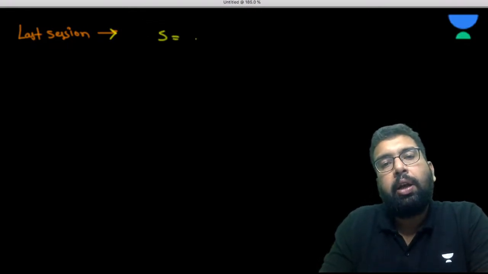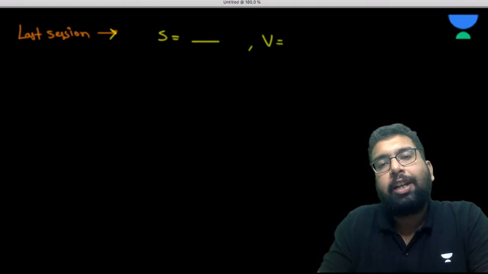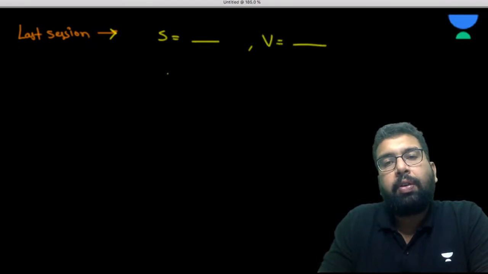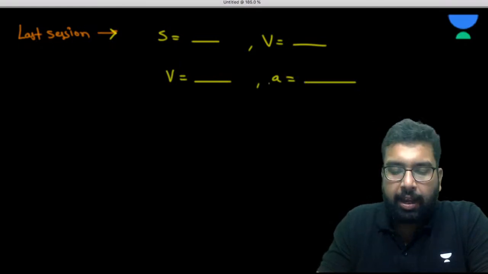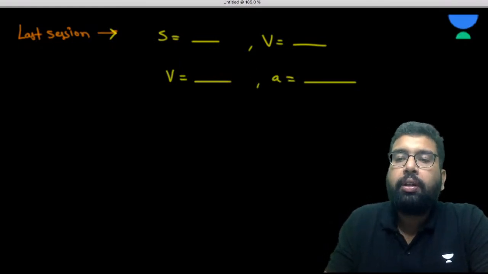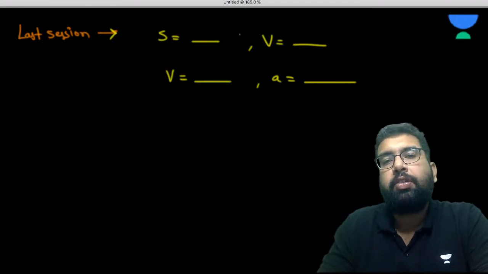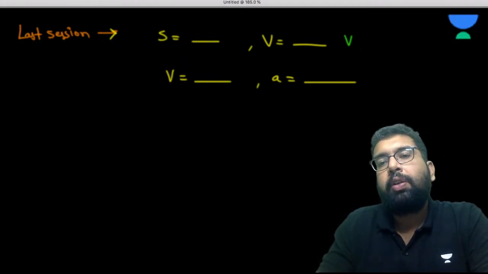So, from the equation of displacement we reached the velocity, and from the equation of velocity we reached the acceleration. And how did we make this journey? We did differentiation. We know that v is equal to ds by dt, and a is equal to dv by dt.